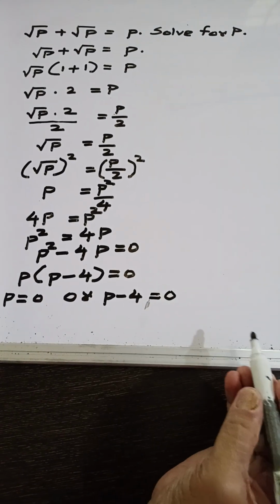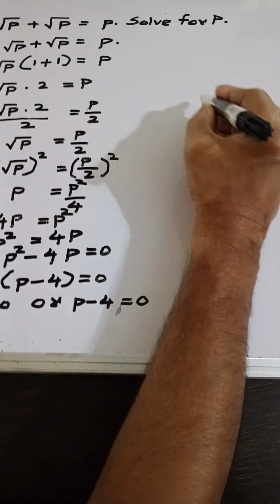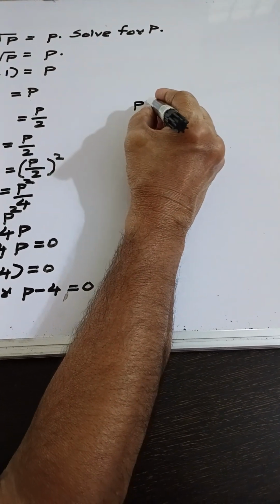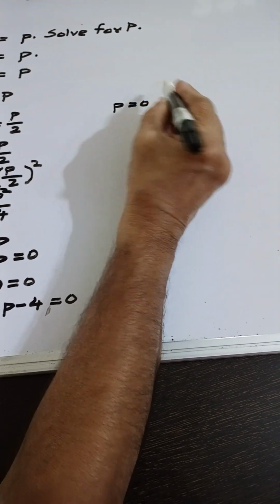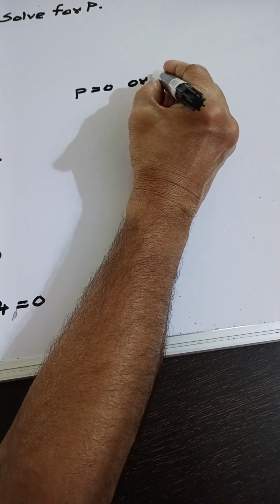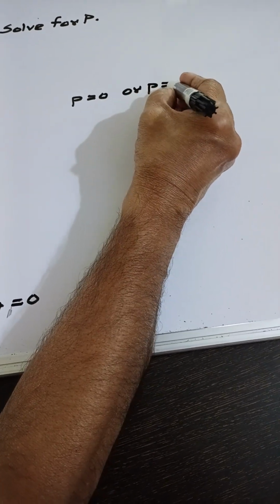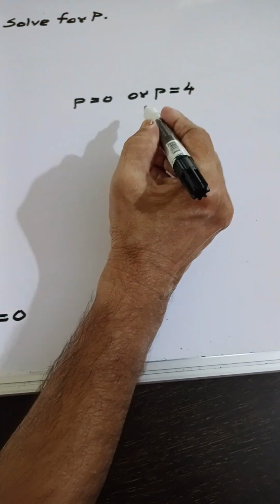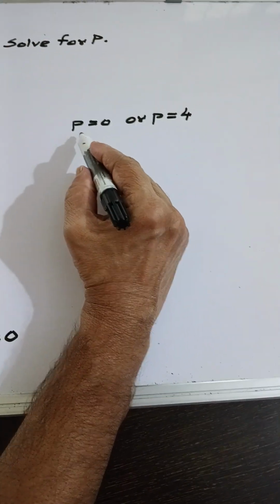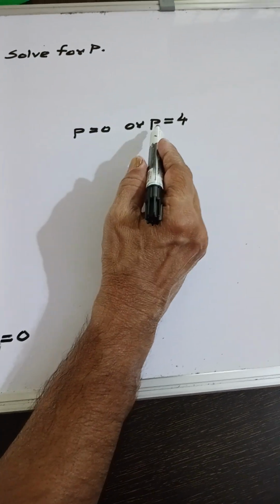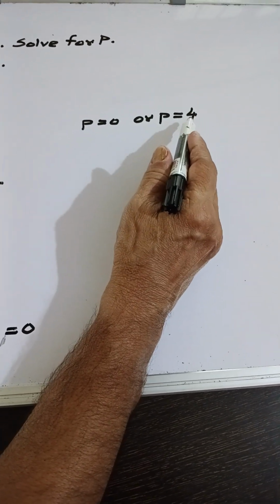That is, p equals 0 or p equals 4. Here we get two values for p.